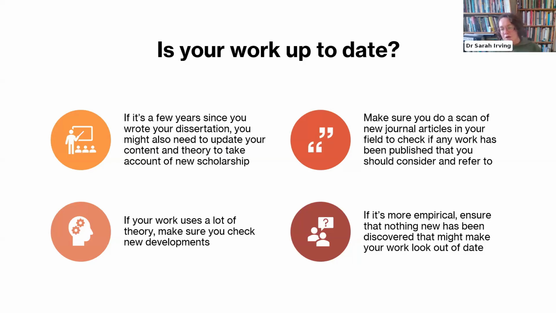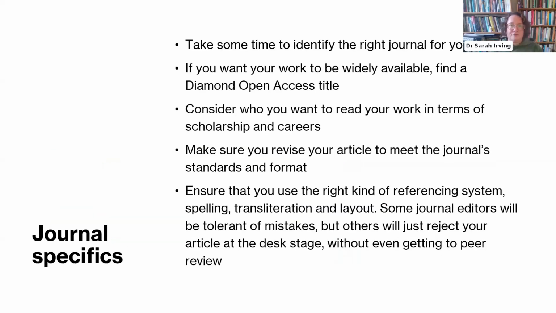Or if you're using more empirical material, again, make sure that there aren't discoveries out there that you have somehow missed, that will change how you should be interpreting your own materials. It might seem annoying, but this is the kind of thing that peer reviewers at a journal may well send your work back for revision or even reject it because of.